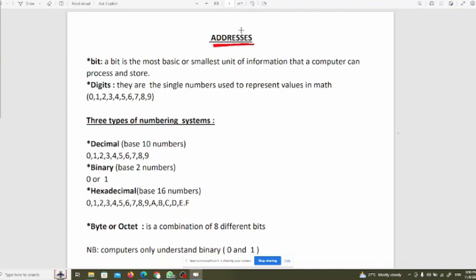Let us discuss more. In real life, if for instance you want to send a letter to someone, let's say you are in Accra and your girlfriend is in Kumasi.